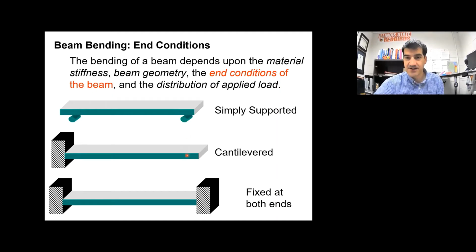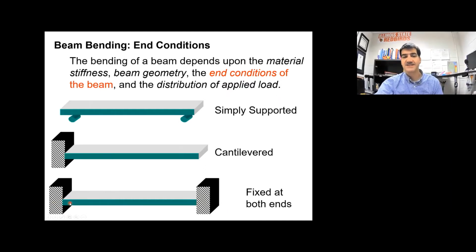The next one we'll talk about is cantilever. The cantilever beam is fixed on one end and free on the other end. And the last one is fixed at both ends. And this is the situation that I talked about before, where if I actually fixed and clamped the beam to both supports, now this support actually could apply a twisting force, a torque, to the beam on this edge, or this support could apply a torque to this beam on this edge.